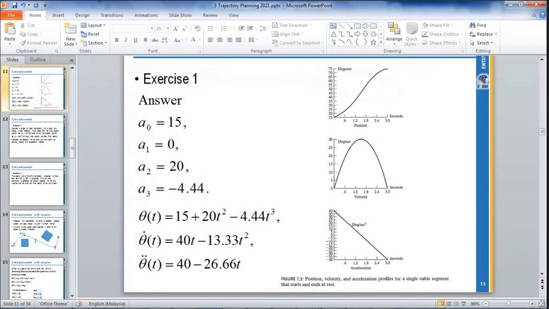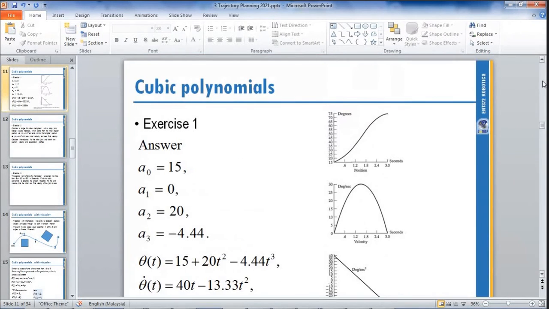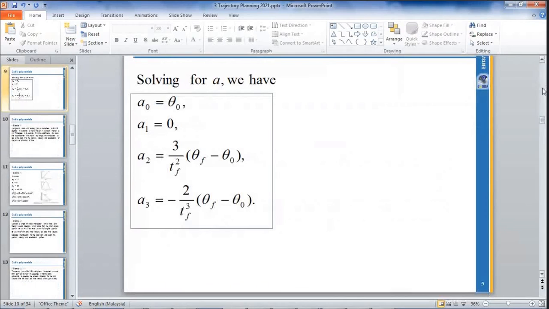For calculation it's easier. You can use this formula to find the A0 to A3 coefficients. This one is for the cubic polynomial trajectory via point.